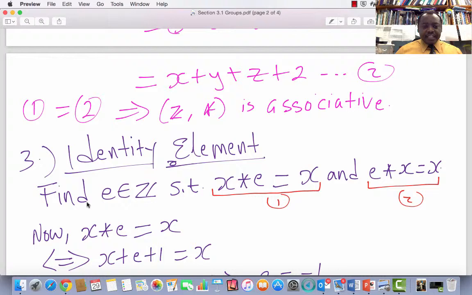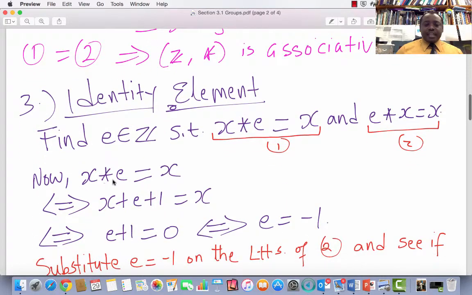Again, we want to find E in Z such that x star E equals x and E star x equals x. From equation 1, x star E equals x if and only if. Remember, we are not assuming the existence of E yet. We're simply saying that such an E would exist and would satisfy x star E equals x if and only if. That is the procedure we use to find a candidate for E.